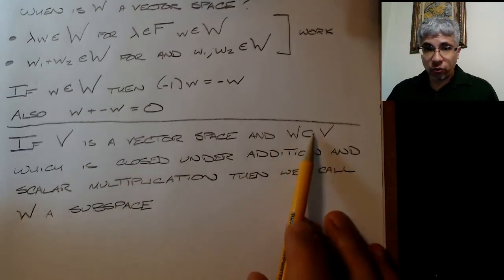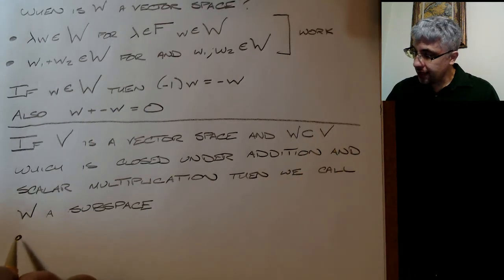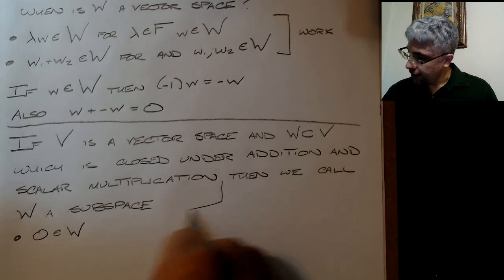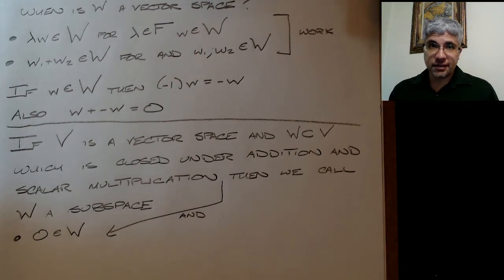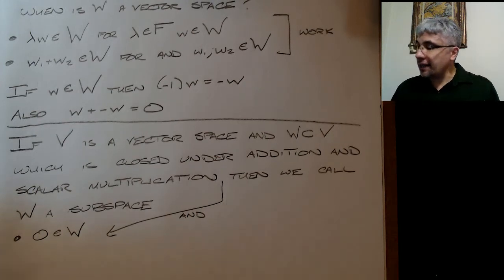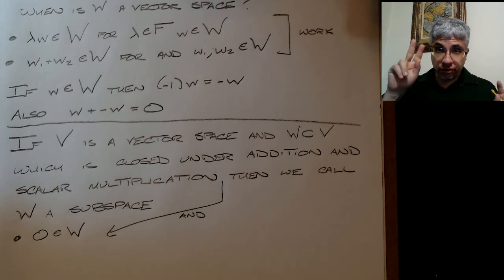So if I don't want to assume that W is not empty, I could introduce this. So if I introduce this as well, then it's a vector space as well. Now, I don't like doing that. I like saying, hey, if V is a vector space and W is not empty, then it's a subspace if it satisfies two rules. It just has to be closed under those two things.